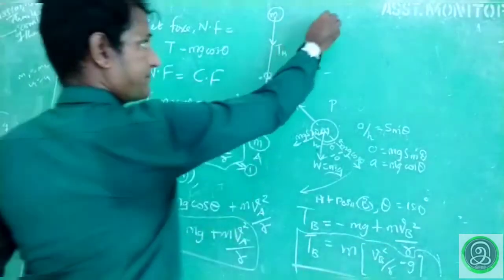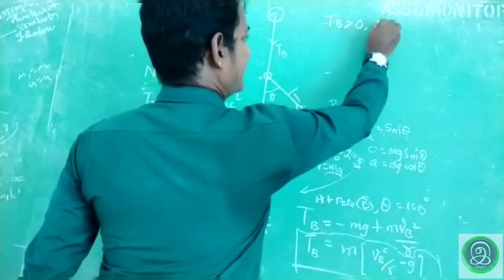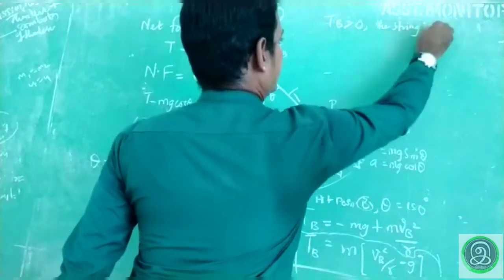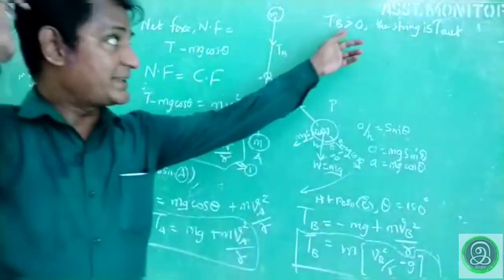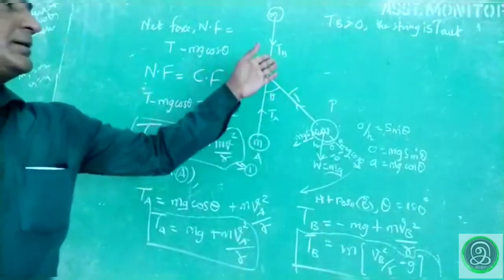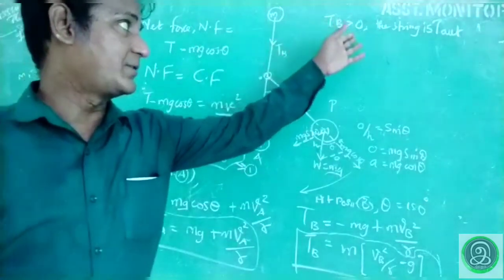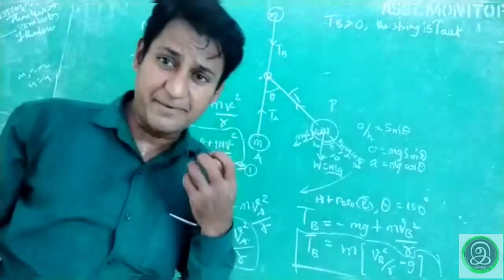If this Tb is greater than 0, then the string is taut. That is, if the tension at the position B is greater than 0, then the string will be stiff enough.